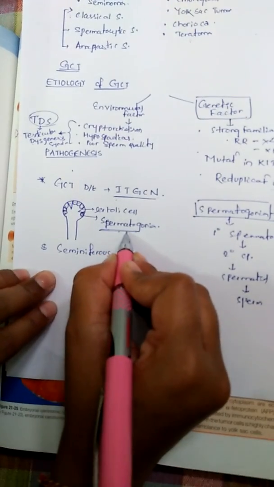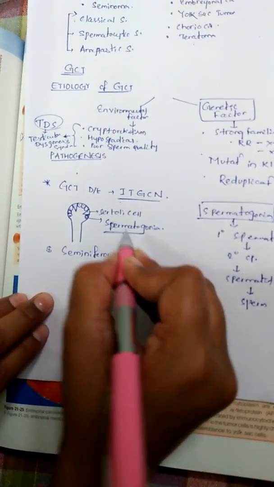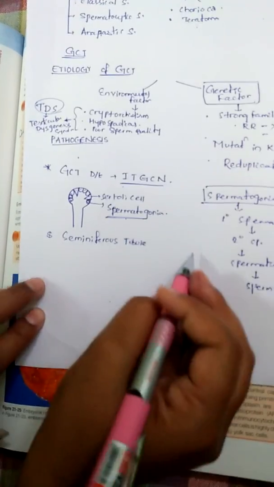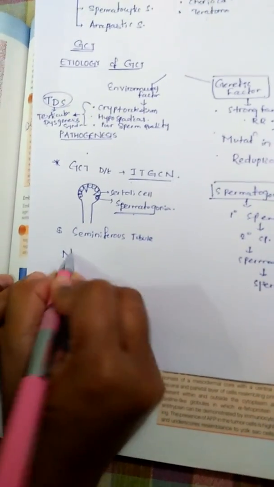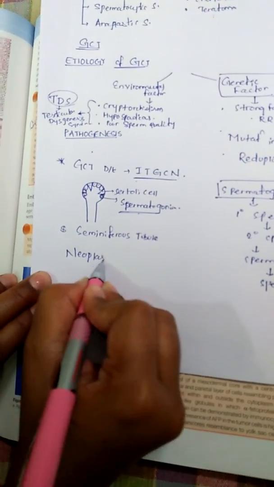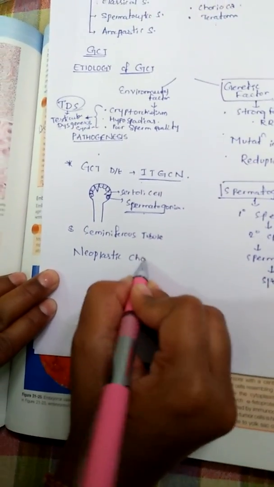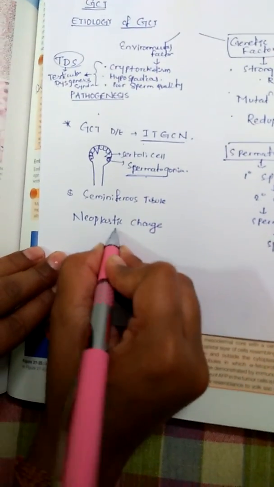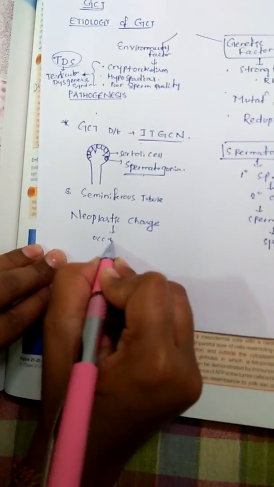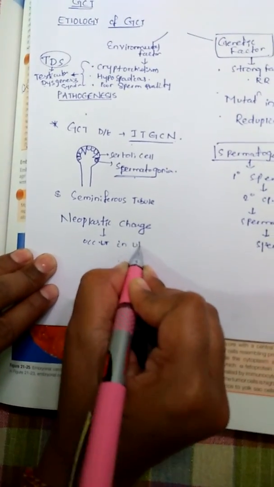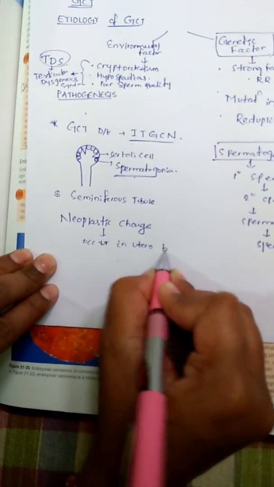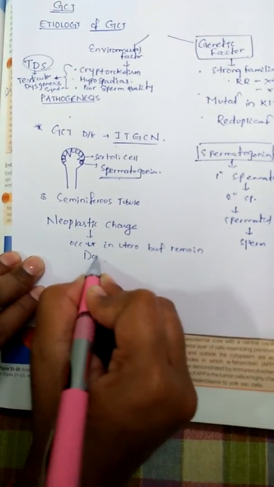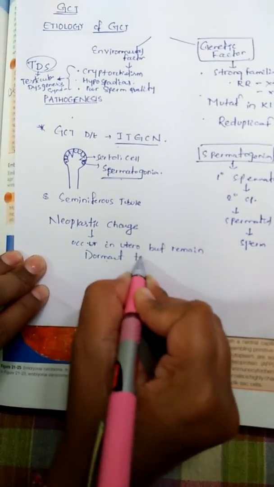This normal spermatogonia has now converted into a tumorous, neoplastic one, and this neoplastic change occurs in the uterus itself, but it remains dormant till puberty.